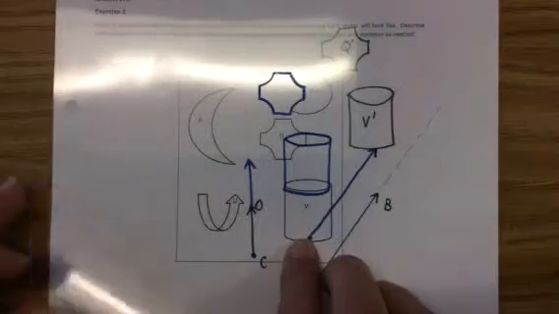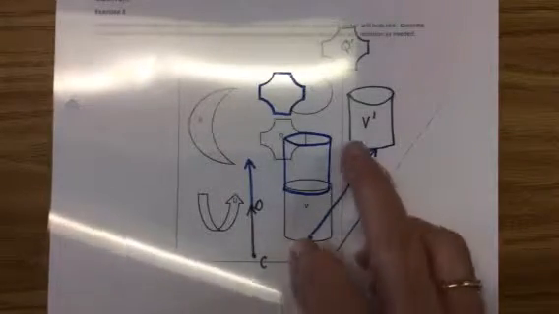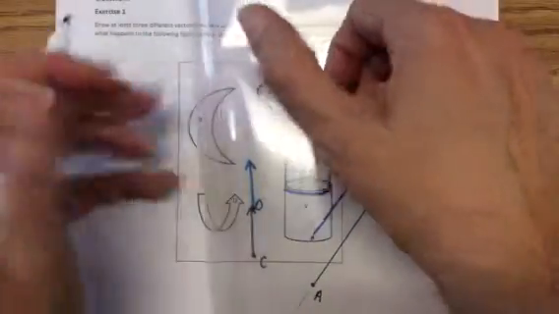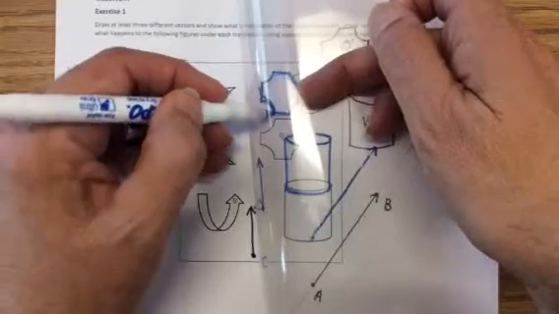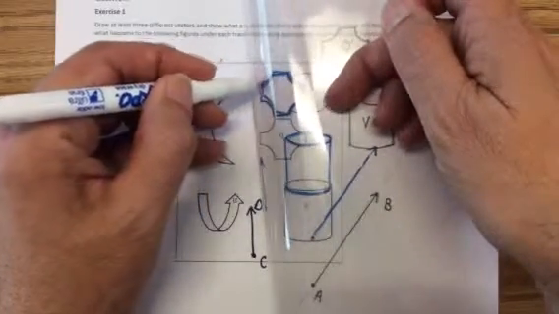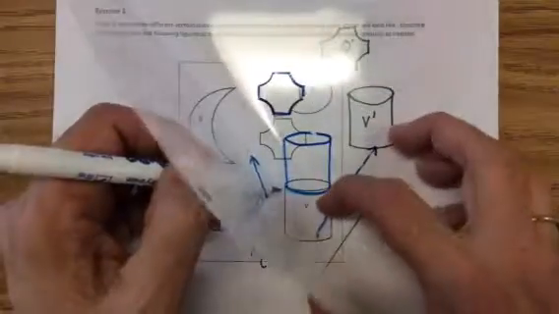Okay, so they basically just ended up right on top of each other. So we'll draw these in blue. And then here's my V.